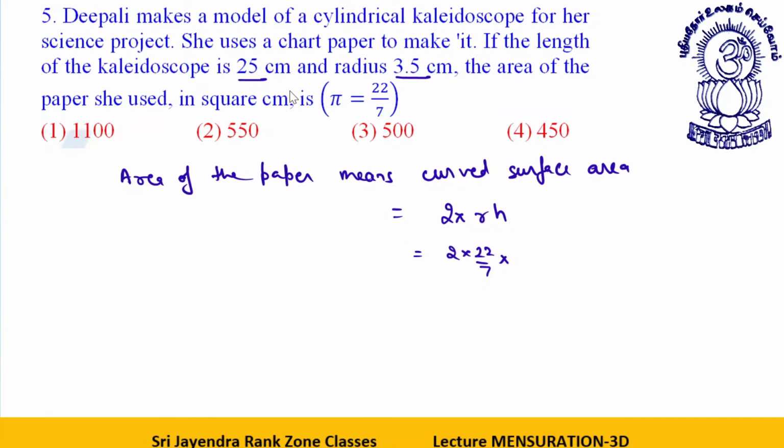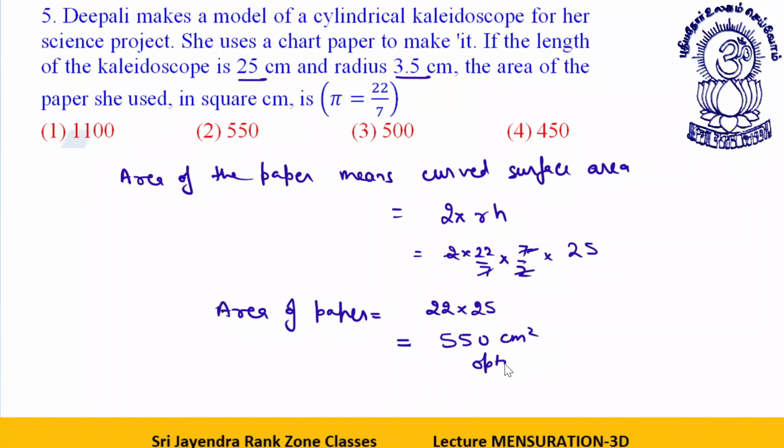So what is the area of paper? 22 into 25, 550 centimeter square. Option number 2 is your answer. I am sure that is clear to all of you. Next one.